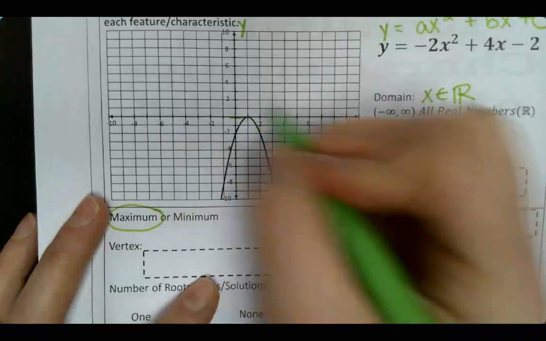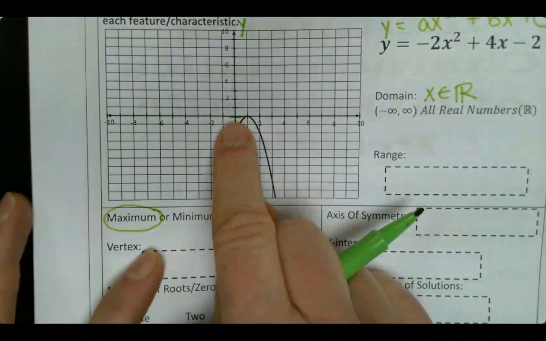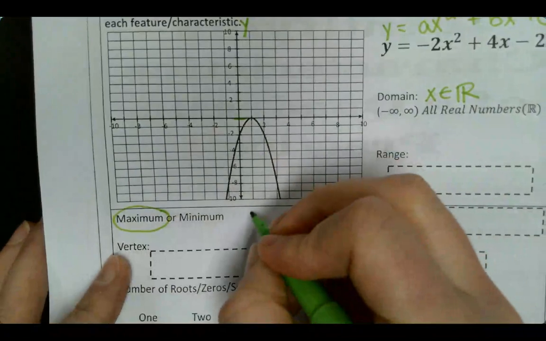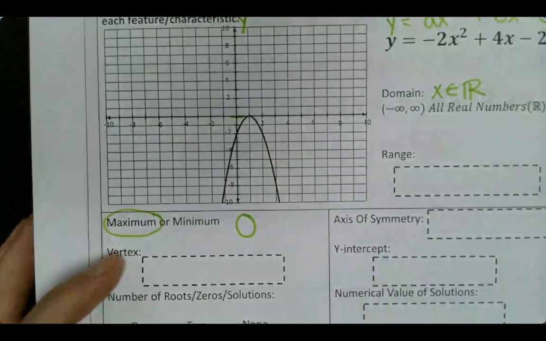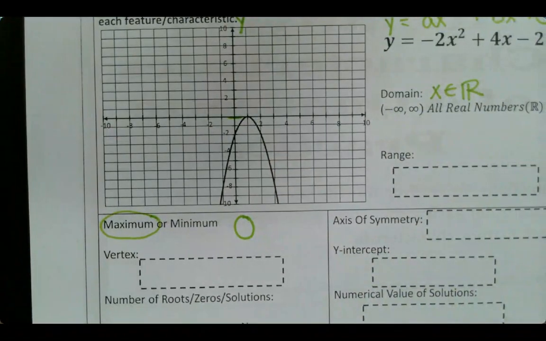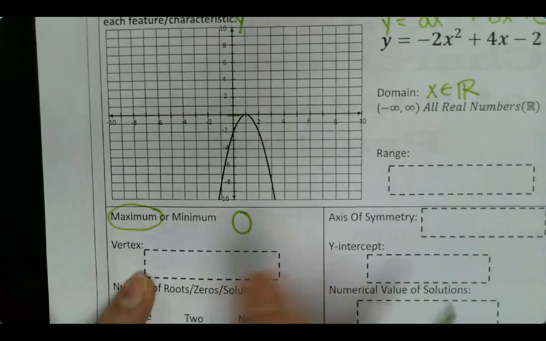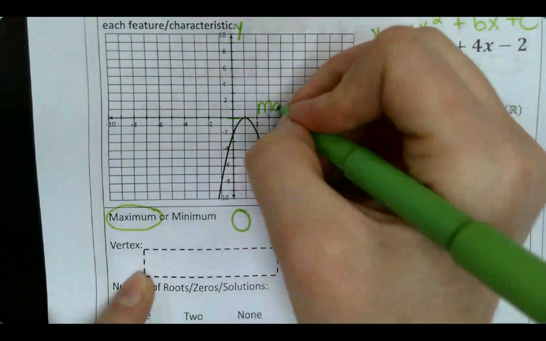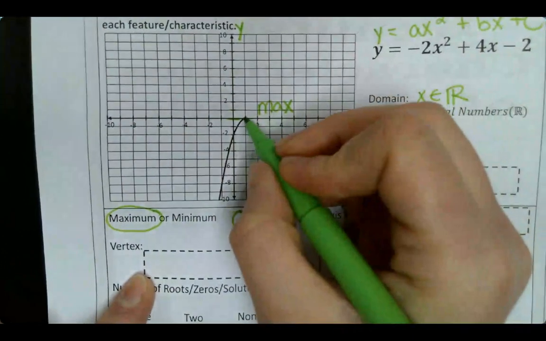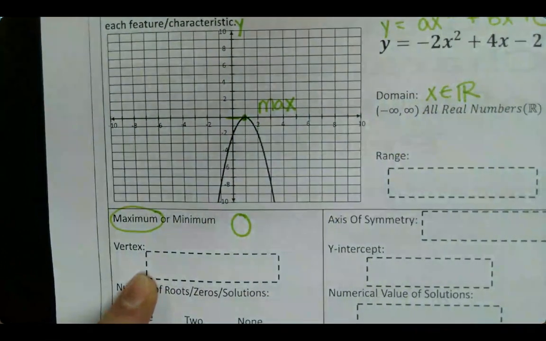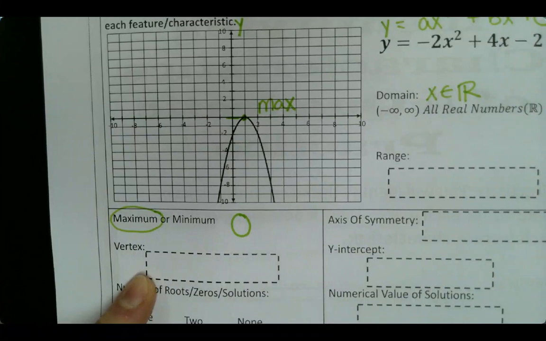So it looks like it's at 0. So maximum is 0. We're just going to put the number that the maximum or minimum is. And I'm going to go ahead and put on here max. My maximum is right there. That's the maximum value that the quadratic is graphed.